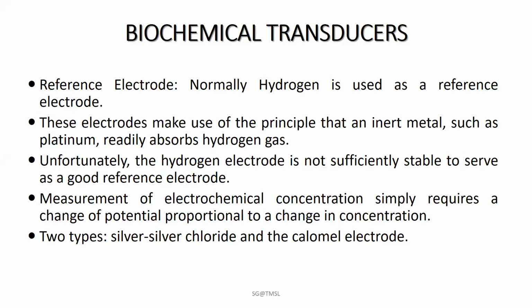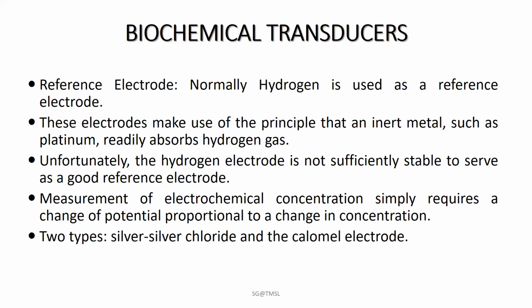This type of electrode is basically used for bioelectric potential measurement. In a biochemical transducer, in this context, the ionic side of the interface, which is the silver chloride side, is to be connected to the solution by an electrolyte bridge, usually a dilute potassium chloride solution.